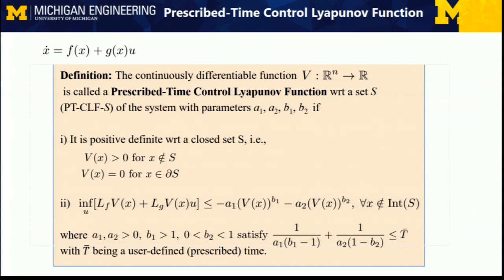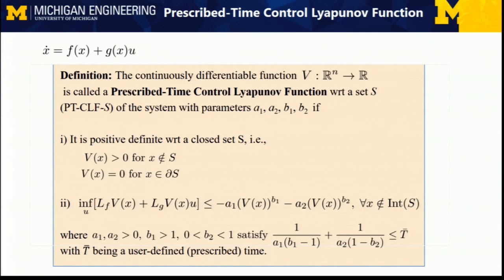So if we can find the continuously differentiable function V with parameters A1, A2, B1, B2, and for some tau bar here that I will again explain how it gets into the picture.